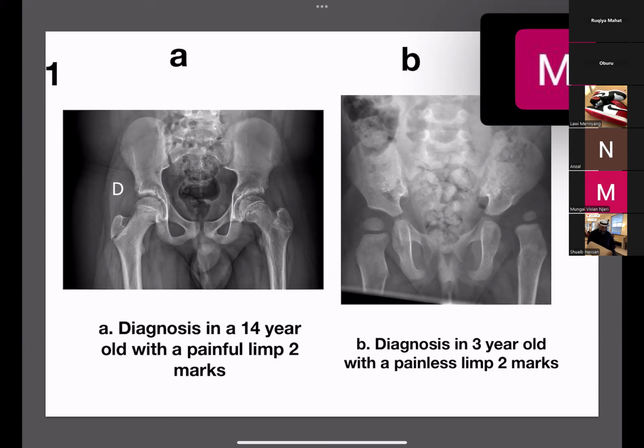You can see if you draw the various lines, yeah. We have the Perkins line, you have the Hilgenreiner's line, okay? And the Perkins line should be within the inner quadrant, isn't it?